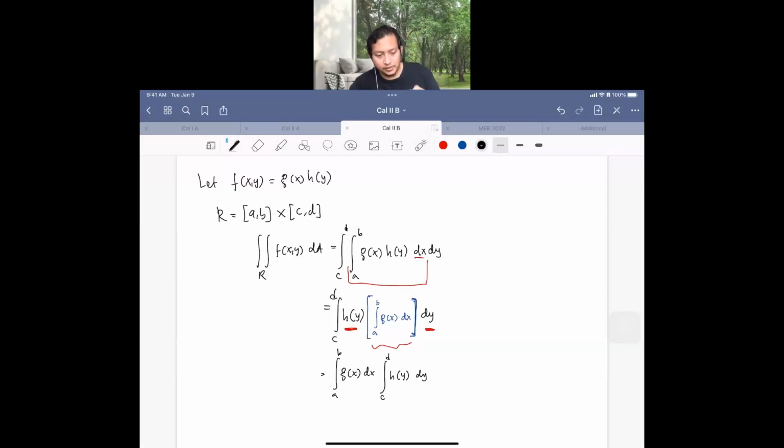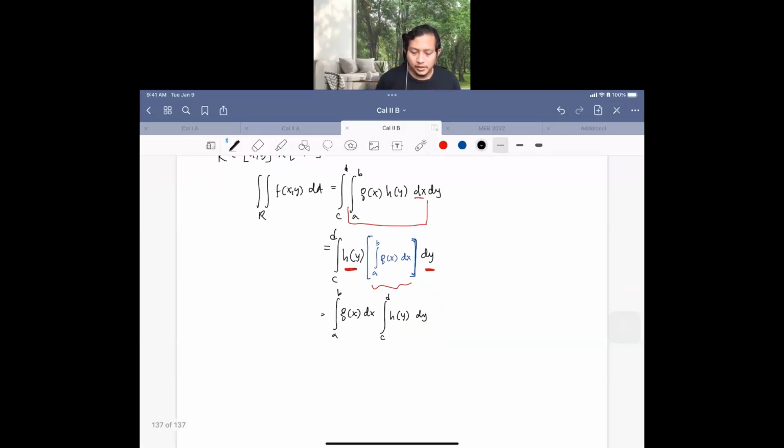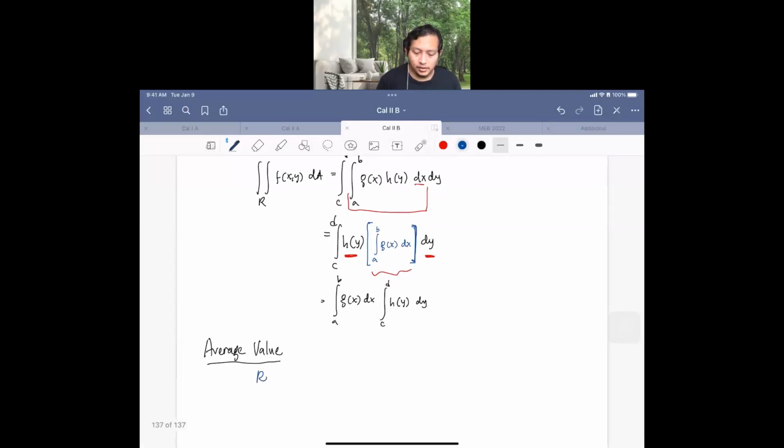Before we end section 15.1, one more note for 15.1 is the average value. If you recall Calculus 1, the average value is equal to 1 over b minus a, times the integral of f of x dx from a to b, right?